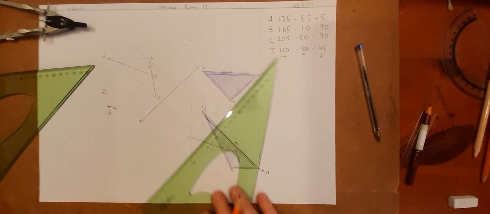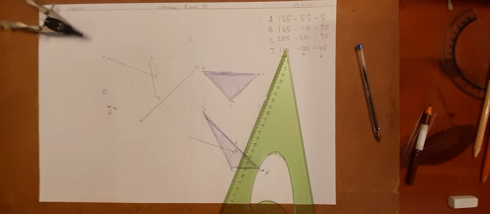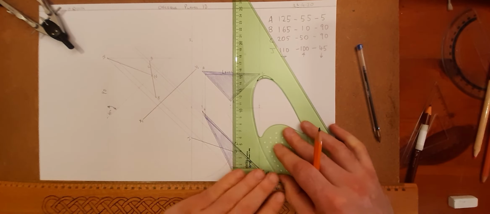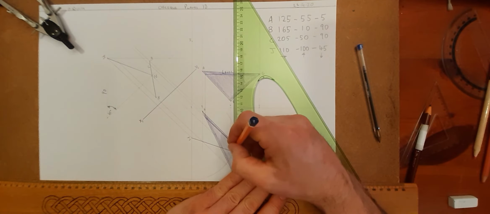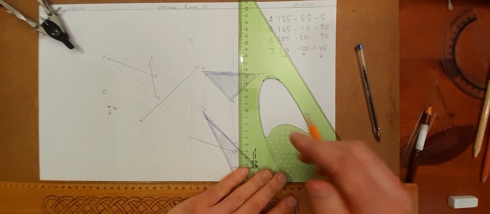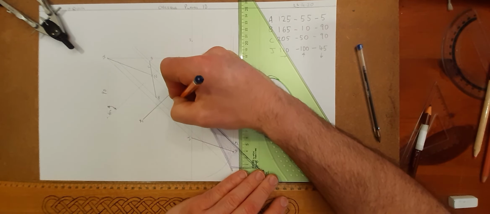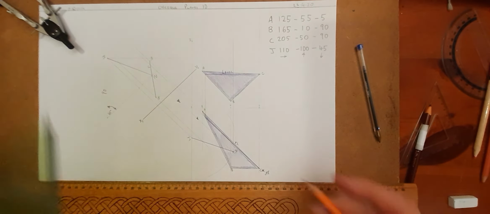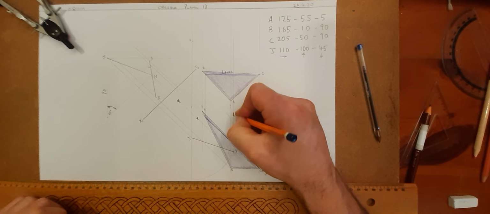Okay, and finally then, just to finish that out, we need to draw that in elevation. So we bring it straight up, somewhere on that line there now, and I'll just put in a couple of arrows, that's where we brought it down. And now it's going up into elevation.